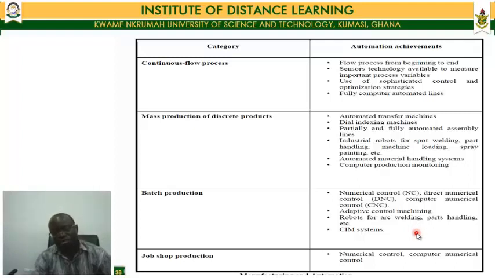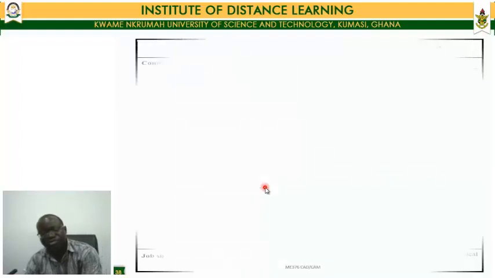Now, in job shop production, you can also have numerical control, that is computer numerical control, being used. So these are some automation achievements you can have in the various categories of manufacturing processes.